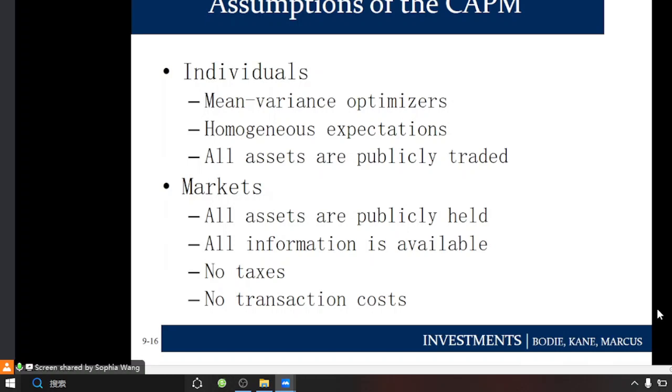Of course, it's impossible. And also for the market, no taxes, no transaction costs. These are very ideal, because it is impossible to have no taxes and no transaction cost. Actually, for transactions in options and futures, transaction cost is very important, because in the most common case, you should calculate your payoff first, then the payoff should minus your cost.